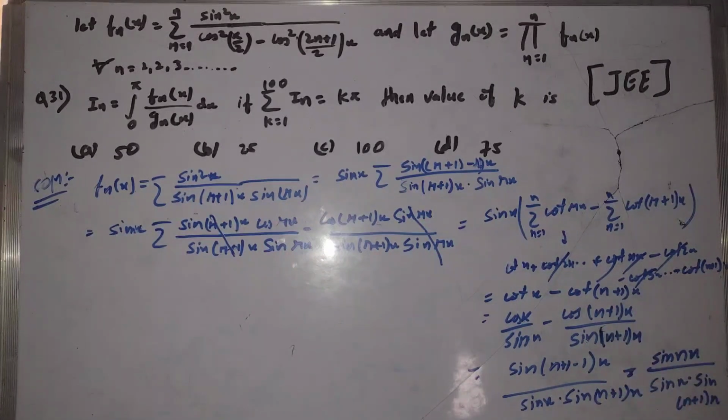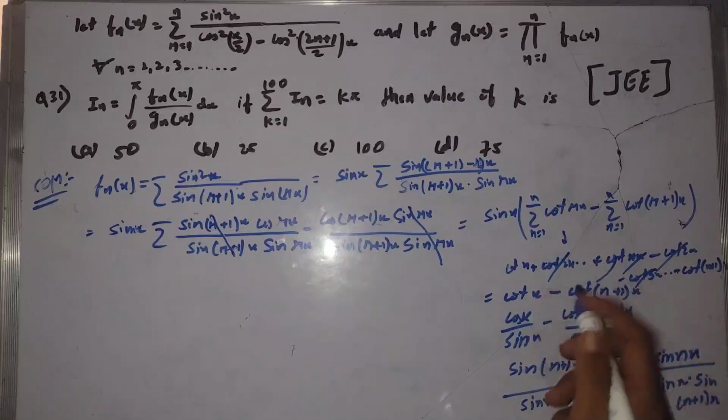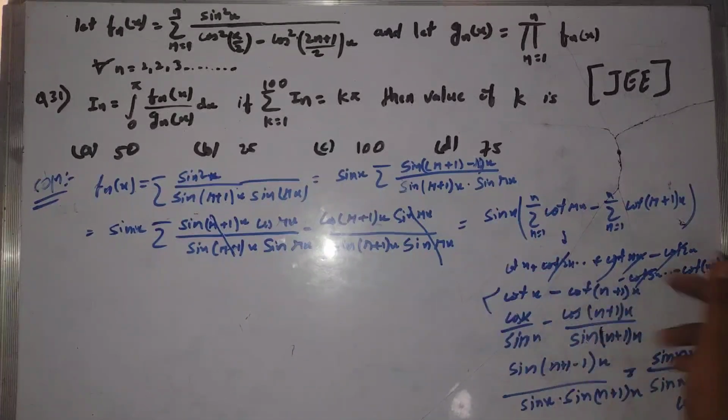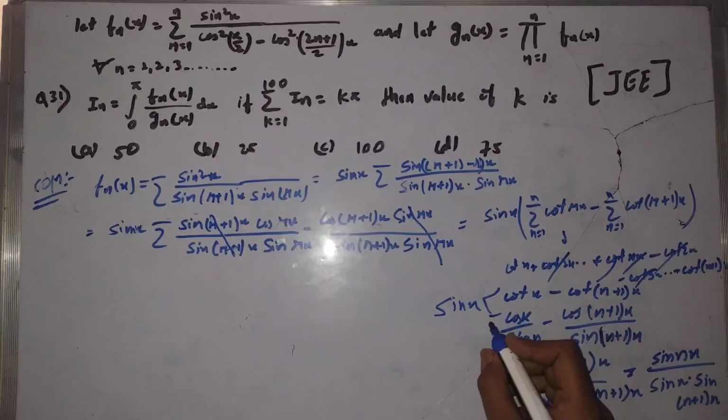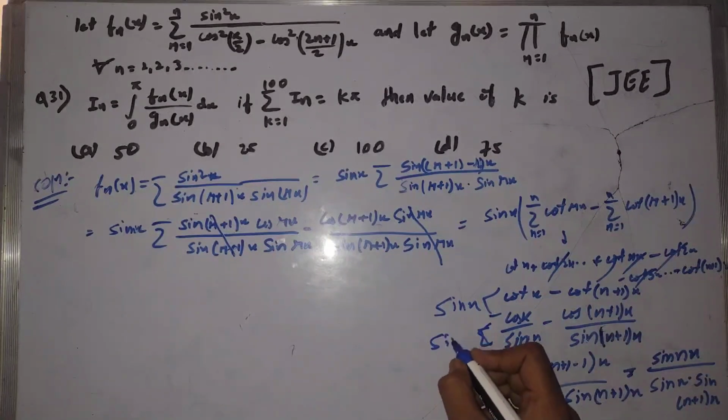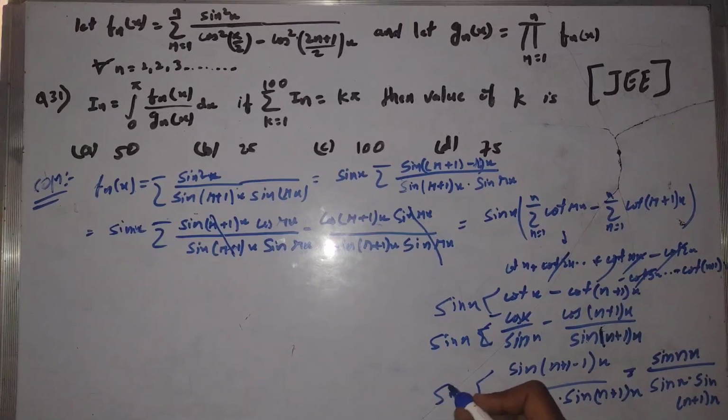Let me tell you, we are missing an extra sin x here. So this whole thing will be multiplied with sin x, because this is getting multiplied with sin x, as we can see here. So we multiply by sin x, and we can see that sin x and sin x cancel here too.